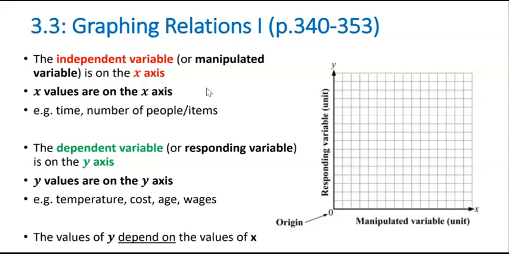The dependent or responding variable that responds to the influencer, that's the one on the vertical or y-axis. Things like temperature is influenced by time of day, cost might be influenced by inflation, age, wages, those things could be influenced by other factors.